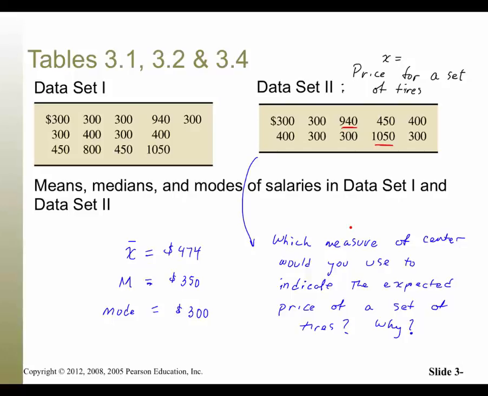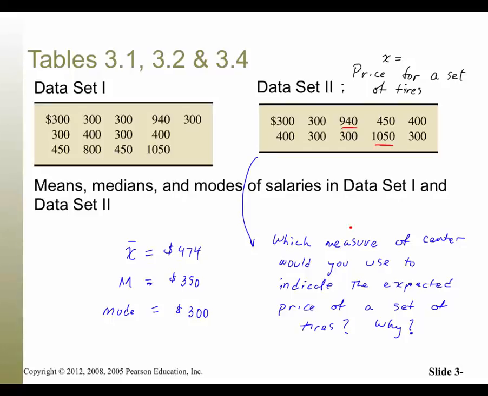So this is kind of like you going into the tire store and you spin the wheel and it's like, this is the set of tires you're buying, okay? That's how we have to take this situation. That's not exactly realistic, but the argument for median was a good argument, okay?